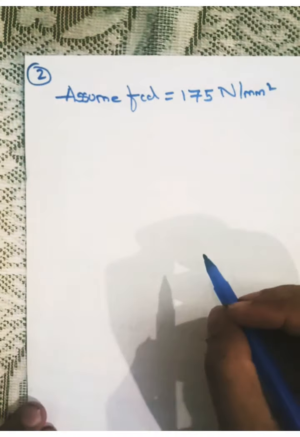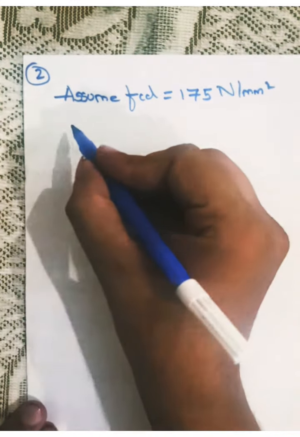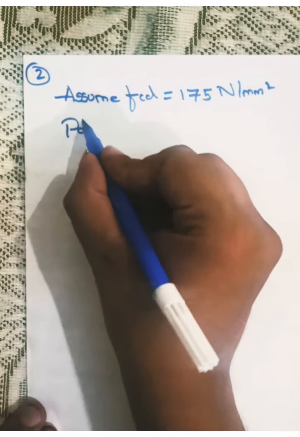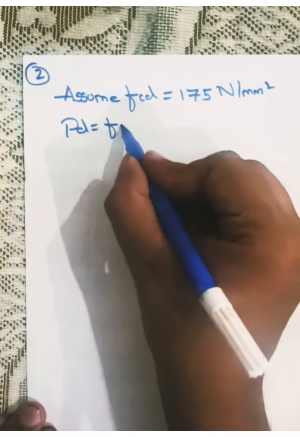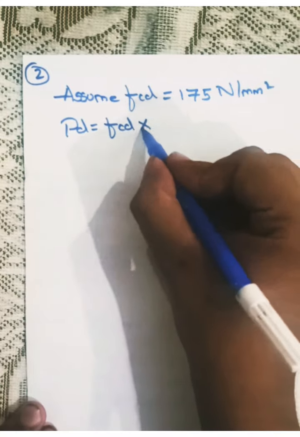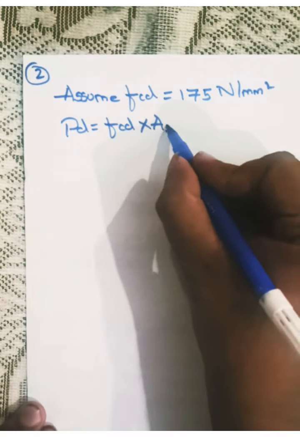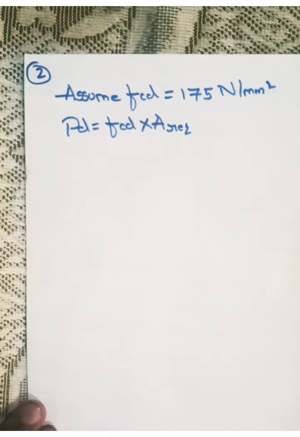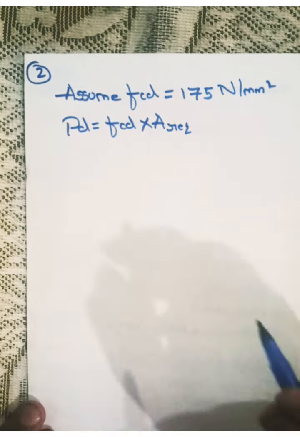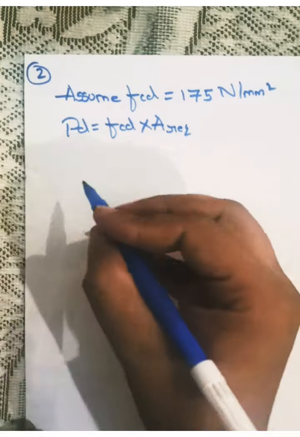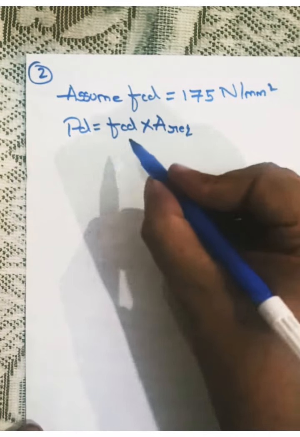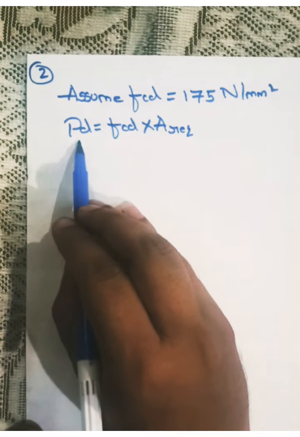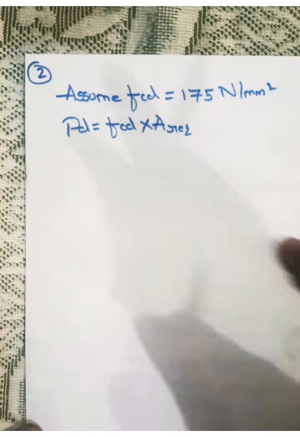So once I know FCD, we have a stress formula, that is PD is equal to FCD, that is stress into area. Here it is area required. So we know strength is equal to stress into area, or stress is equal to load by area, same thing. Now I am assuming FCD as 175. It has to take a load of 200 kilonewton. So I will get the area required.